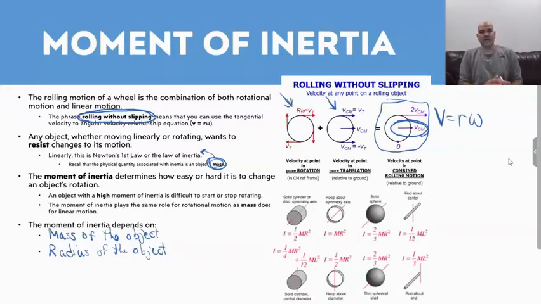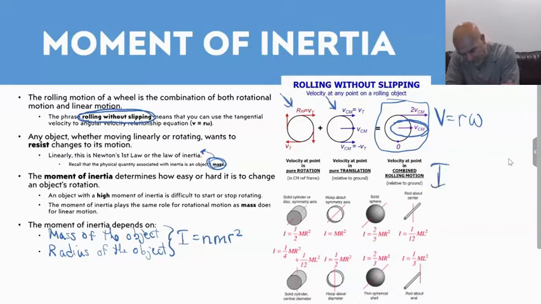That leads to a kind of distribution. The further the mass is distributed away from the axis of rotation, the harder it is to rotate. So in general, the equation for moment of inertia is n m r squared.